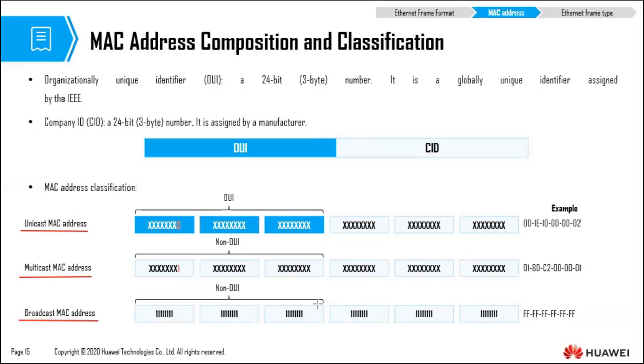We already met broadcast, you remember? We said that when a message is a broadcast message on layer 2, then the destination MAC address is all Fs. All Fs, if converted to binary, is going to be all ones. Are you seeing that? Okay.